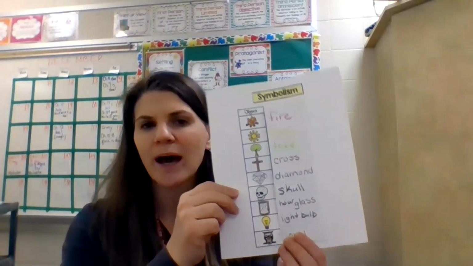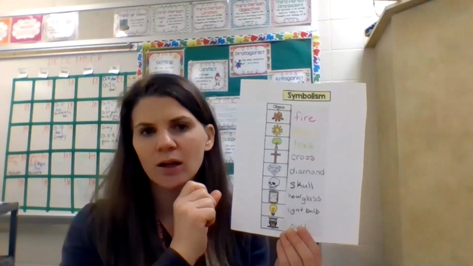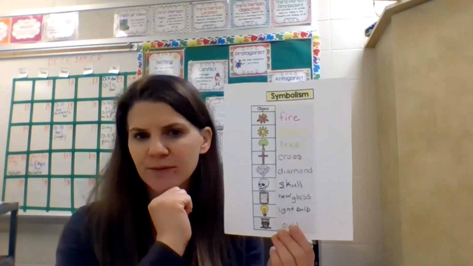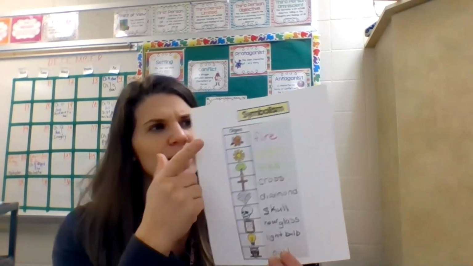Now on the next page in your notebook, you have another one with objects. We colored in a bunch of objects and what those different things might represent. So we had fire. What could fire represent? There's going to be a fire in our story. There has been fire in our story.